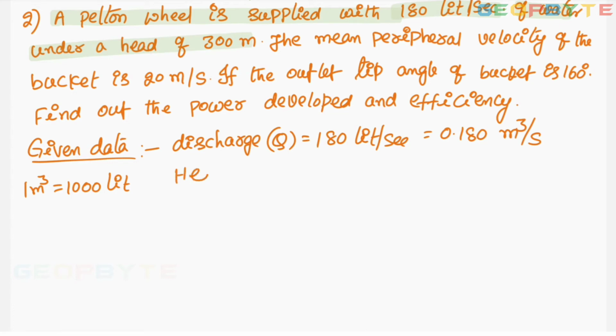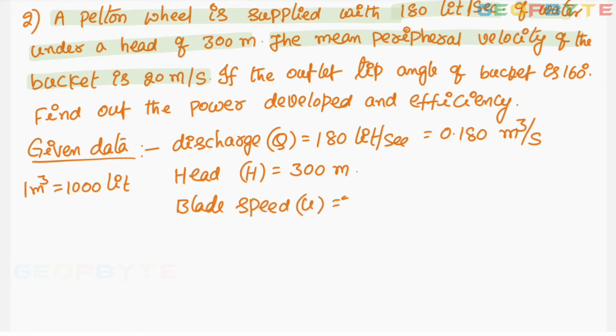Head available at the inlet of the turbine, H equal to 300 meters. The mean peripheral velocity of the bucket, it means blade speed, U is given 20 meter per second.